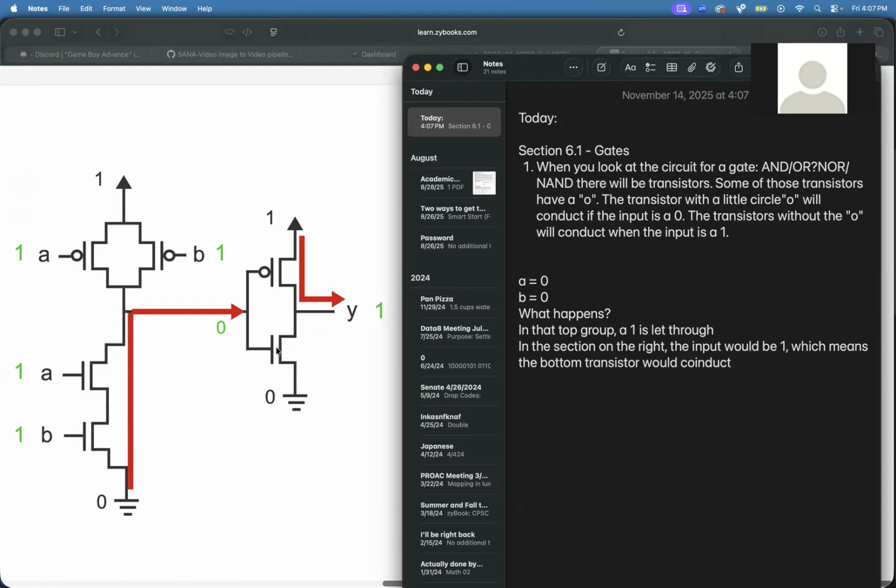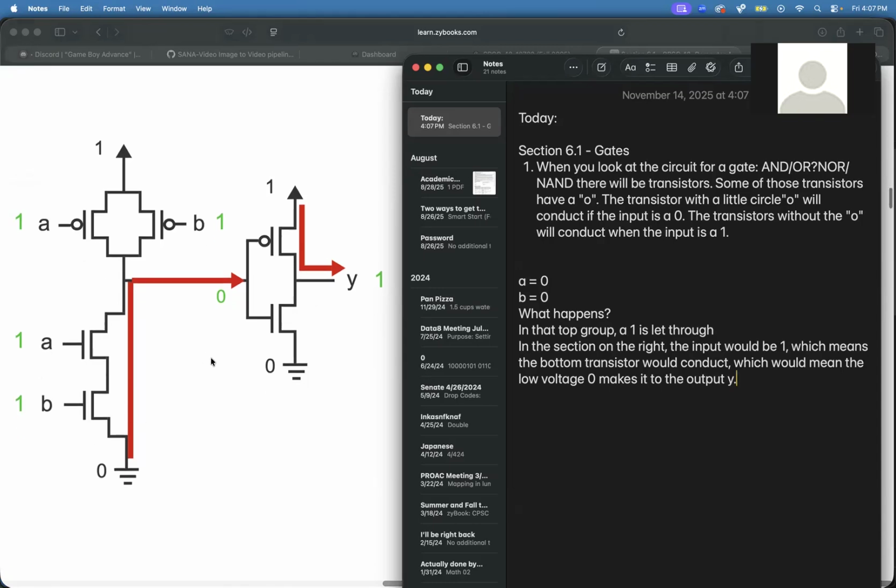The one without the circle, which would mean the ground voltage, the low voltage, makes it to the output. Okay. And so that's what you have to do.